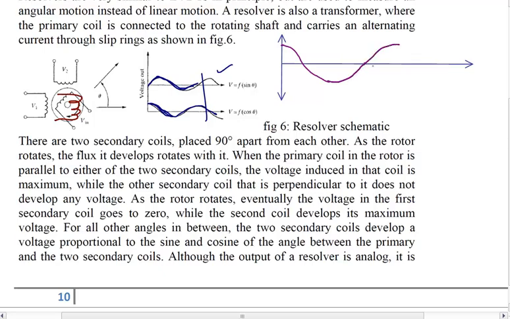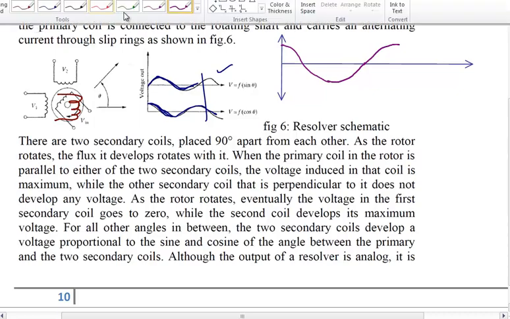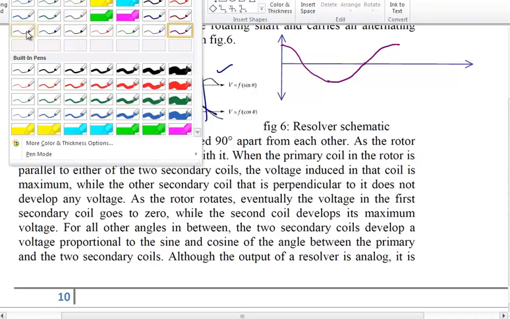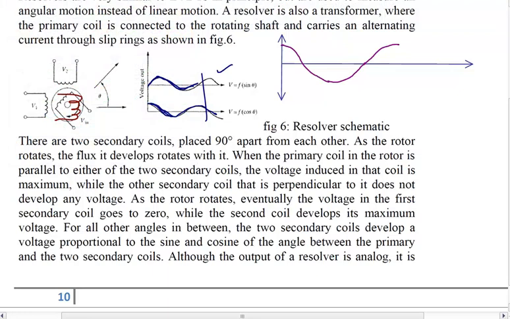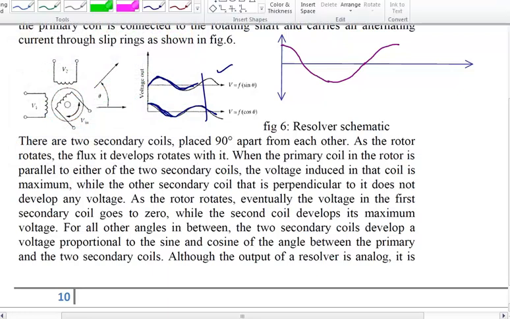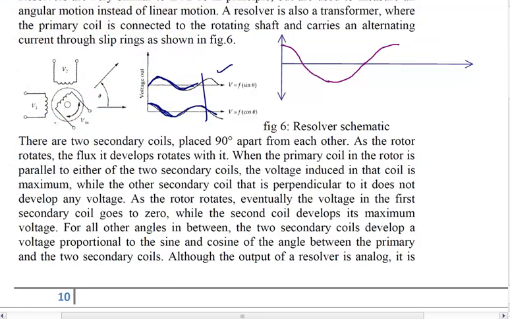When is this zero occurring? The zero is occurring when the windings are 90 degrees to each other. Suppose the winding is like this, or if it is in the opposite direction, at that time V1 will experience these zero points. But when the windings are like this, V2 will experience the high voltage.